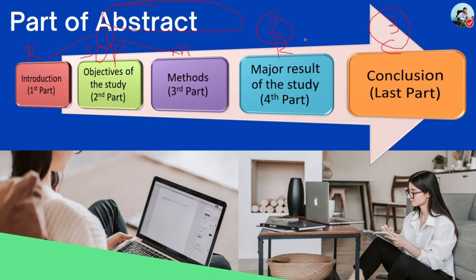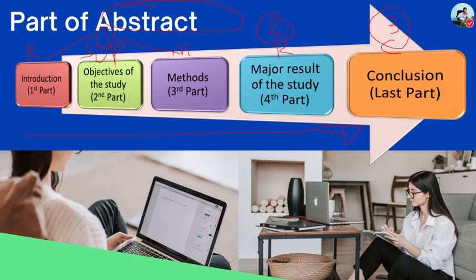So it is not allowable if the first one is chapter 3, then 3, 2, 1, or 3, 1, 2, or 2, 3, 1. It must be 1, 2, 3. And in chapter 1, we must start with the introduction, objectives of the study, and the methods. So this is the right sequence or parts of the abstract.